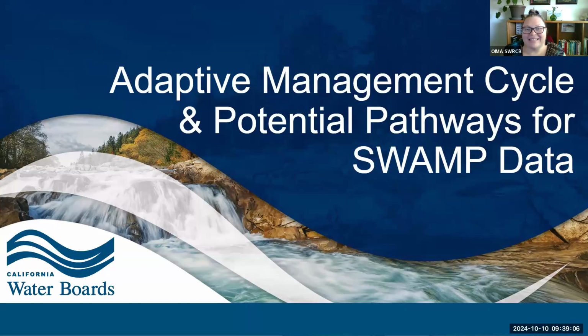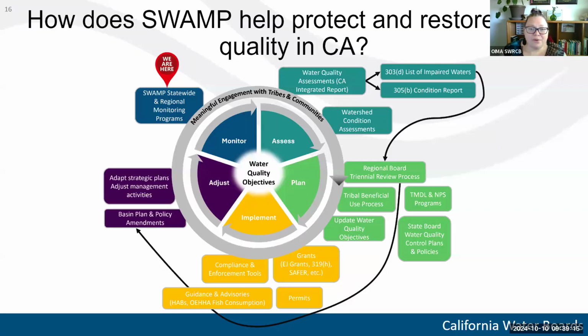Us swampers like to think about how our data can be used within an adaptive management cycle and framework. If we work from the middle of the graphic outward, we start with water quality objectives, which are at the core of all of California's water management programs and provide the regulatory basis for the Water Board's water quality management activities authorized under the federal Clean Water Act.